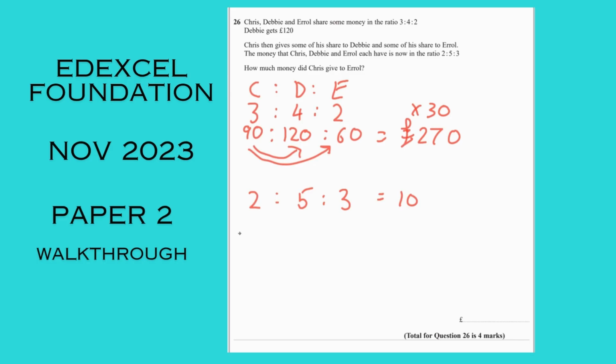There's 10 shares. £270 divided by 10 means each share is £27. We're only really bothered on the money from Chris to Errol. So 3 lots of 27 means Errol's now got £81. He did have £60, so he's now got £21.